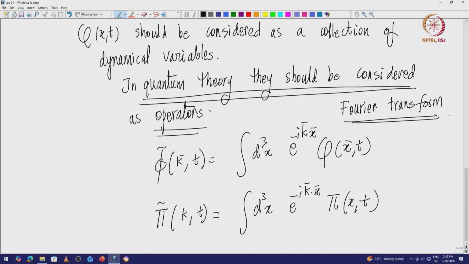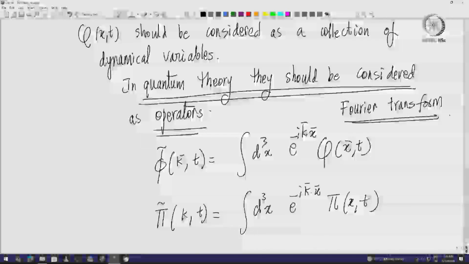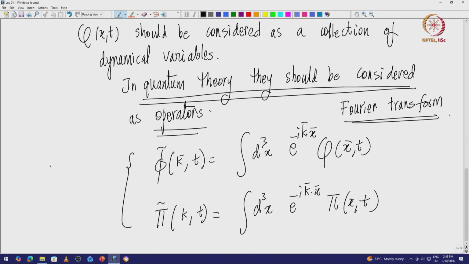You should consider them as a collection, and you can use the Fourier transform to represent the k space operators, the momentum space operators, as we do in quantum mechanics. These are your position space operators and the corresponding momentum space operators. Now you can do the inverse Fourier transform.